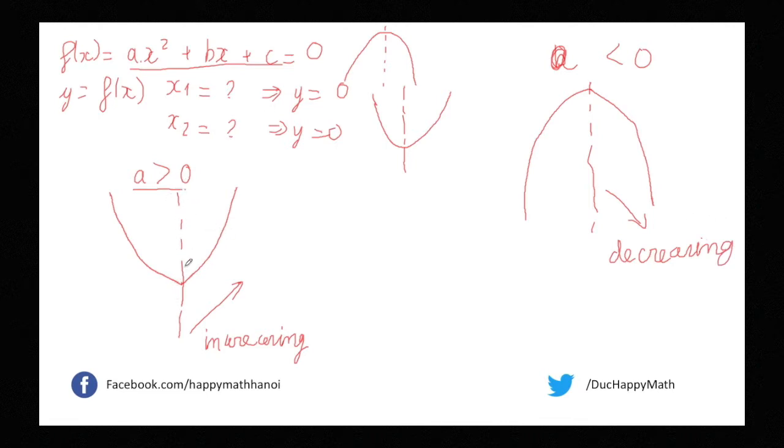We call the line in the middle the symmetry line. It means the line gives a reflection between the two parts of the parabola. This part is reflected by this part, and of course this part is reflected by this part.